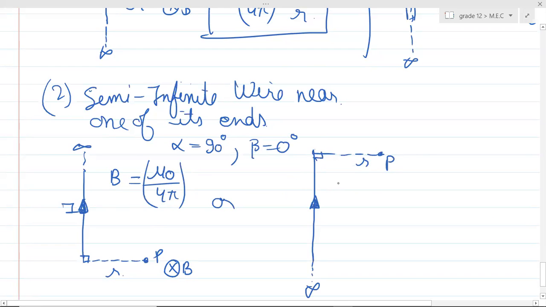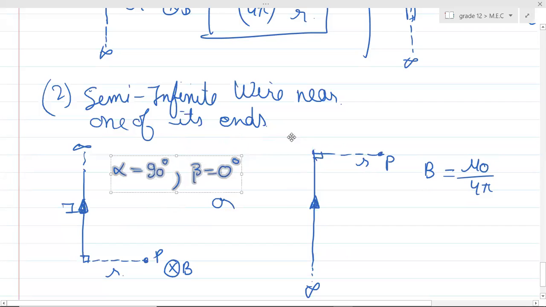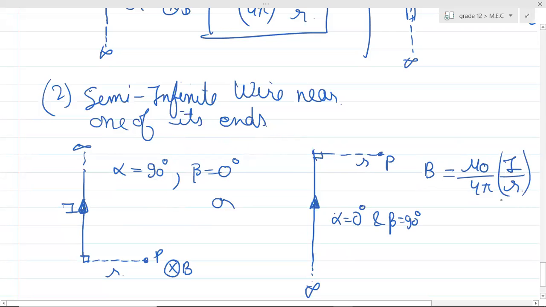Are you getting my point now? In both these cases, B is equal to mu naught by 4 pi, alpha beta here. In this case alpha 90 and beta 0, and in this case alpha 0 and beta 90. So mu naught by 4 pi into I by R. Is this clear?